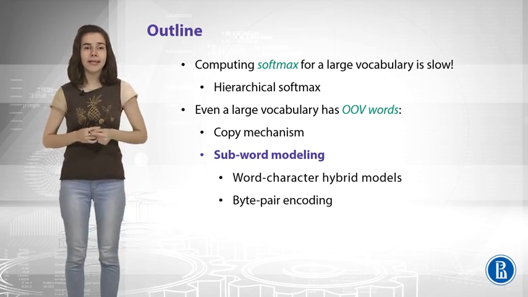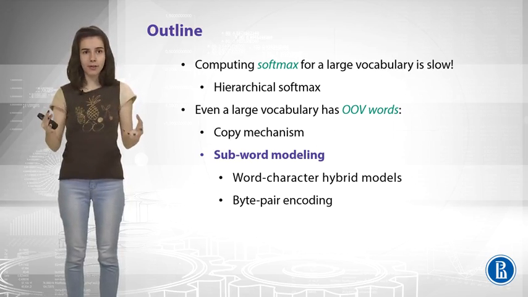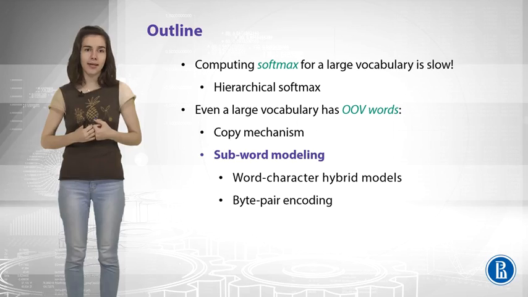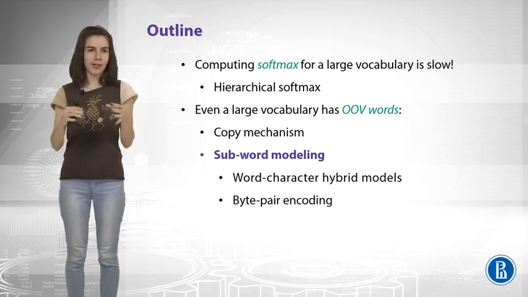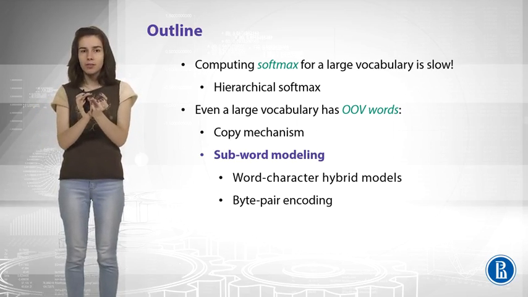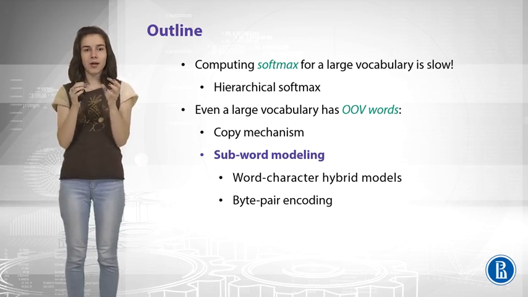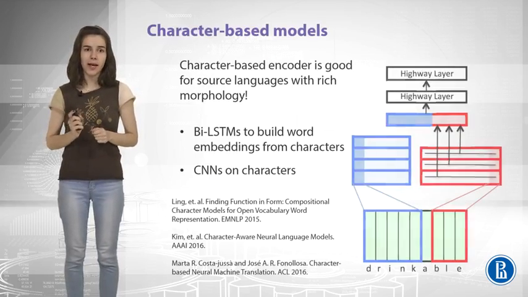One big trend is to do hybrid models that somehow combine word-level models and character-level models. Another big trend is to use the same architecture, let's say a recurrent neural network, but with small units, something in between words and characters. So this is one architecture, but other units. Okay, let us start with hybrid models.